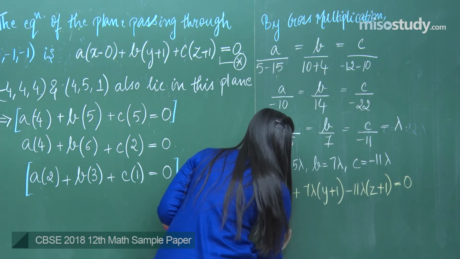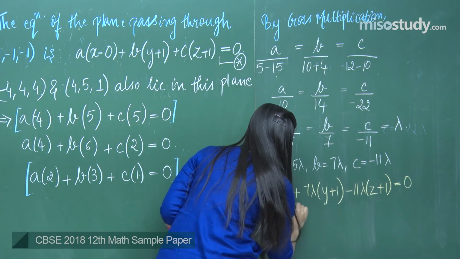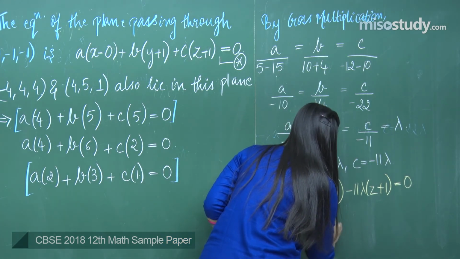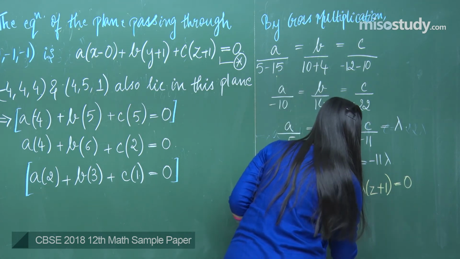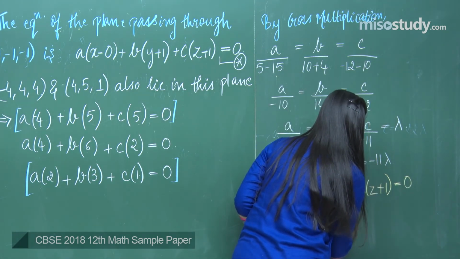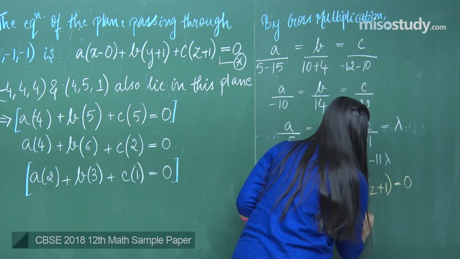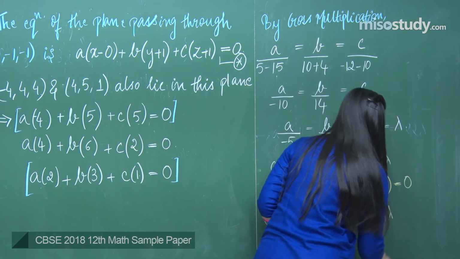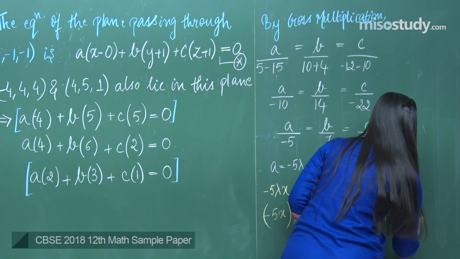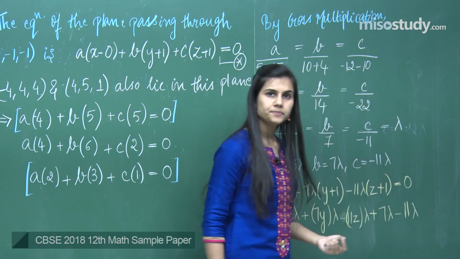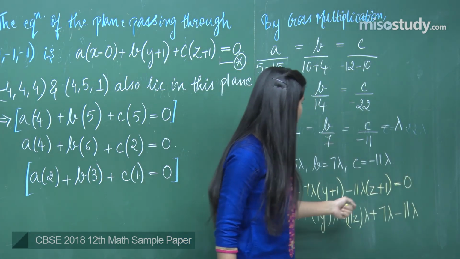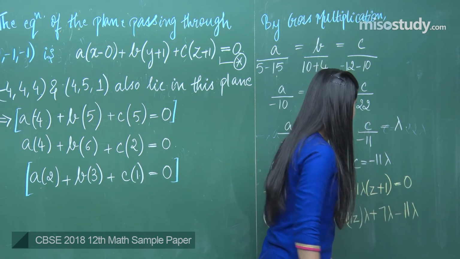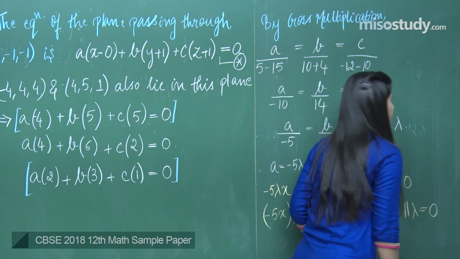You get minus 5x into lambda plus 7y into lambda minus 11z into lambda plus 7 lambda minus 11 lambda. Isn't it? That's what you get. This is equal to 0.